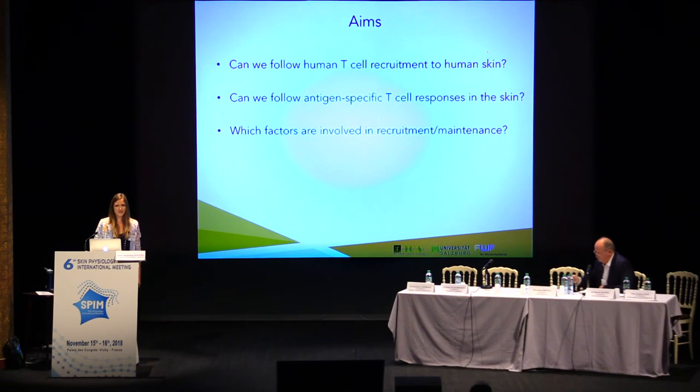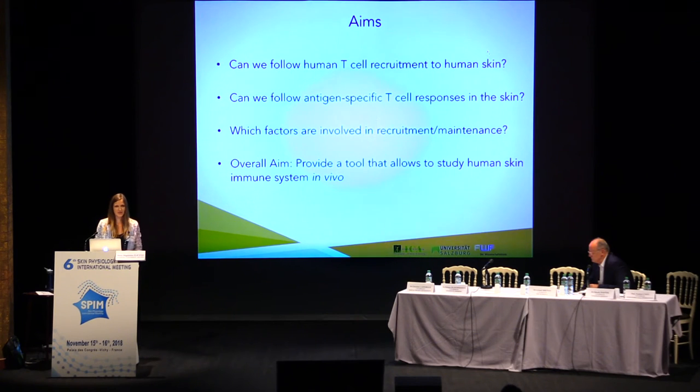And last but not least, we wanted to study the contribution of the skin tissue itself and of the factors secreted by the skin to T cell function and maintenance within the skin. But importantly, the overall aim was to provide the scientific community with a tool that would allow to study the cutaneous immune system in vivo. So hopefully it will be of importance to a lot of you.